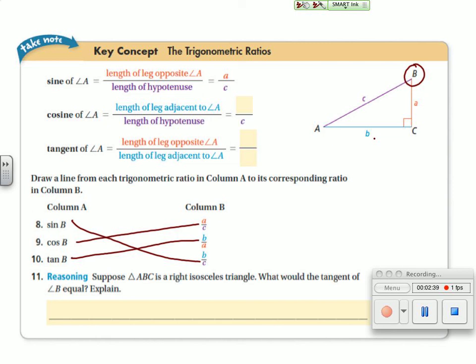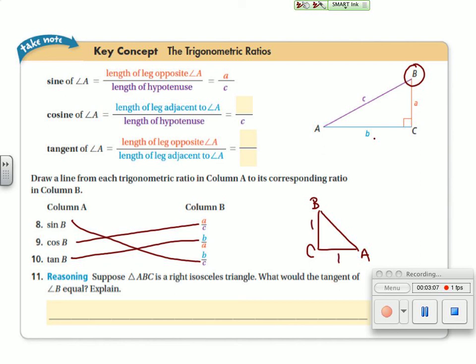So suppose triangle ABC is a right isosceles triangle. What would the tangent of angle B equal? So here's our triangle, and we're going to go A, B, C. So the tangent would be 1 over 1.